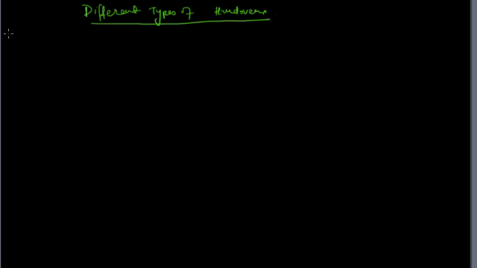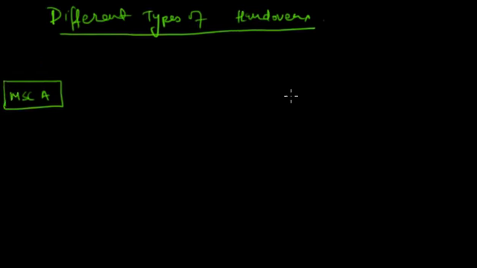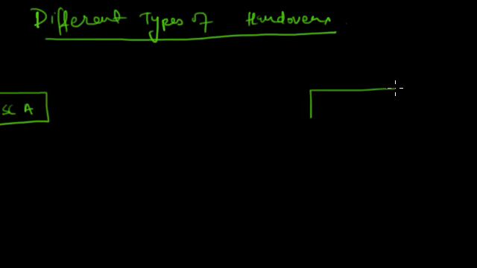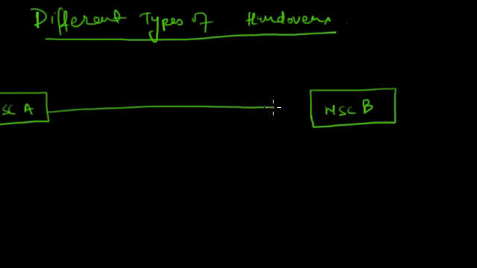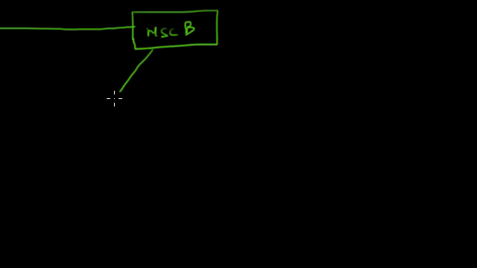So let's see, with the help of this diagram, how handovers are performed and the different types of handovers. This is MSC A, and we have MSC B. Let's take the example that a mobile is already on a call, which is coming from the PSTN, and let's say MSC B is connected to two BSCs.